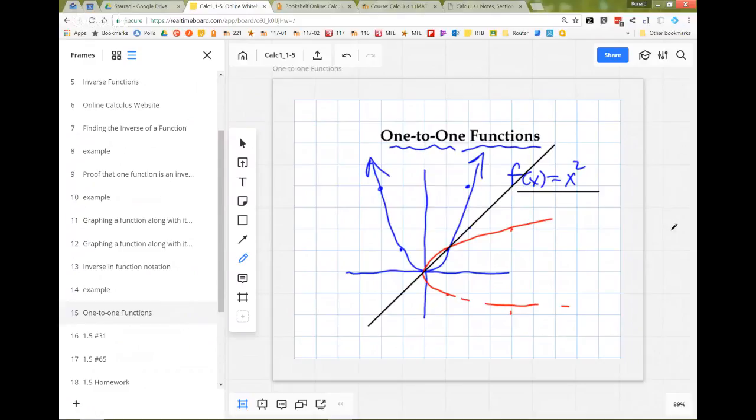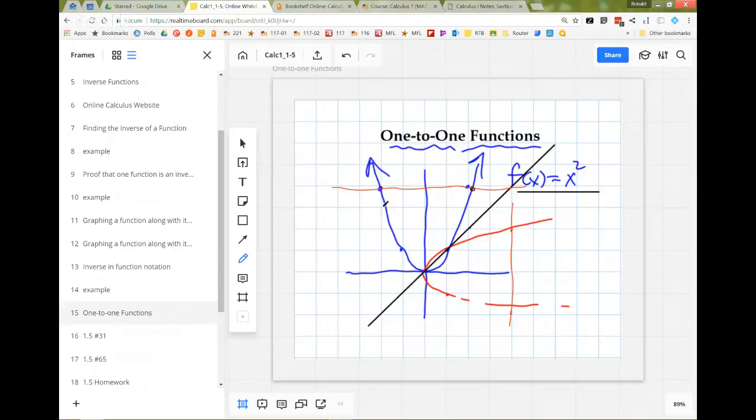What's one-to-one? That means that when you find the inverse, is it going to be a function? And this one is not one-to-one. And the way to test it is the horizontal line test. So for example, if we do a horizontal line test, you can see that it fails the horizontal line test. Therefore, when you rotate it 90 degrees, it's going to fail the vertical line test.